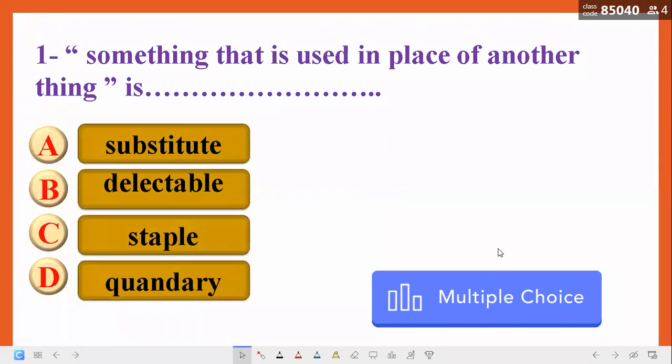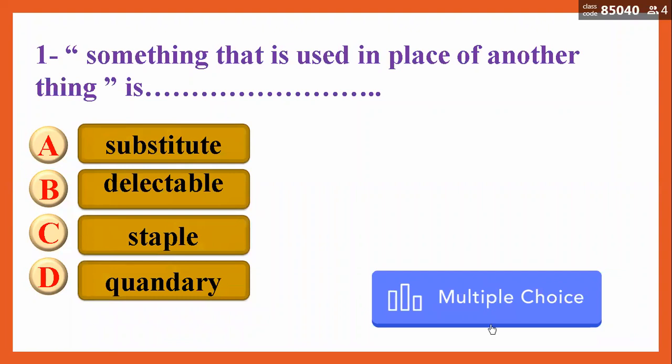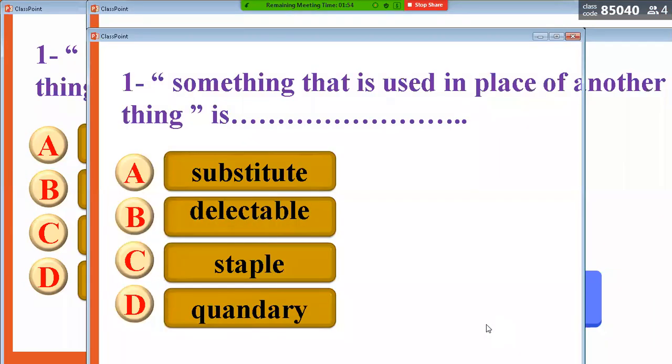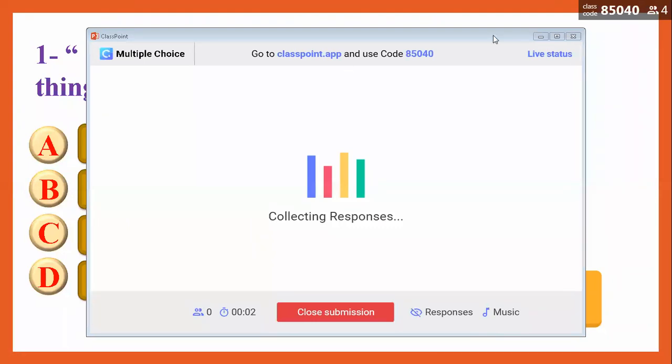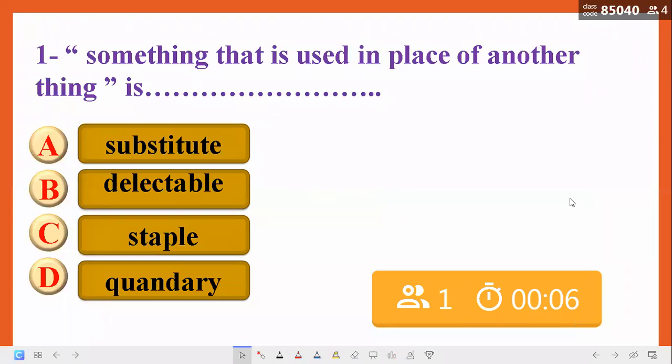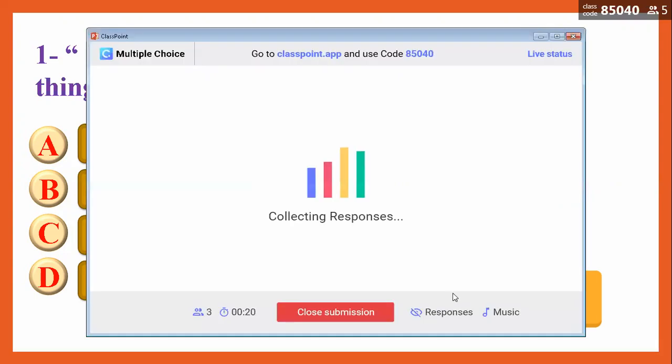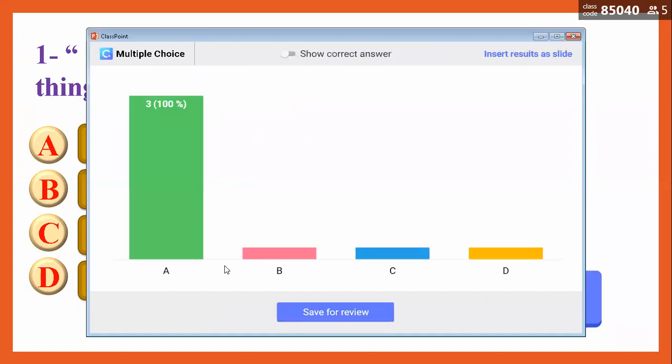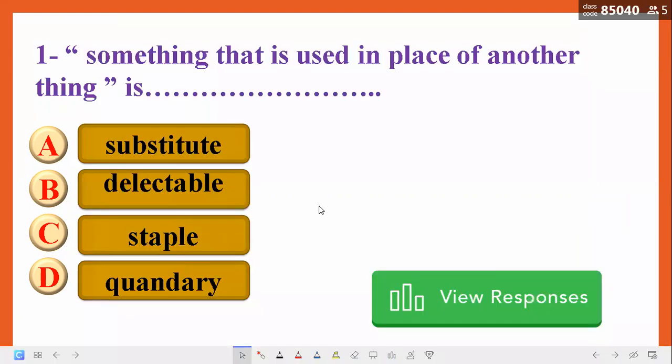Okay, this is the first question. Excellent, excellent. I see you choose A. Okay, it's the right answer. Excellent, my dear students.